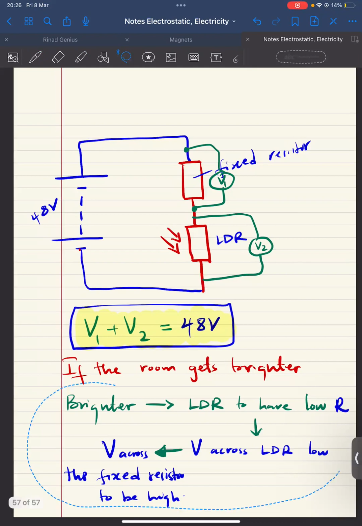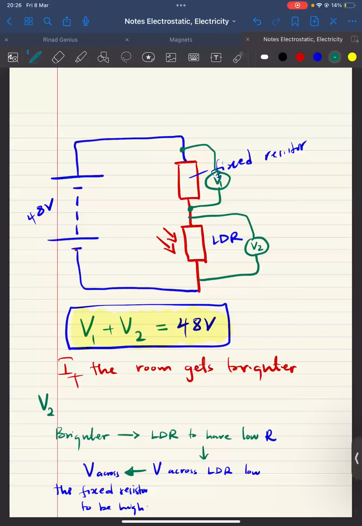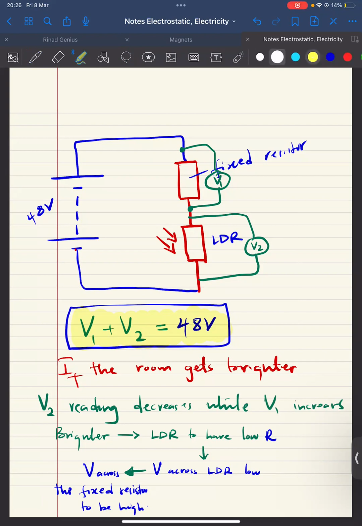So if I was to write an observation, I would have something like this: V2 reading decreases while V1 increases. So this is a typical observation. And then this sequence of events will be now the explanation.